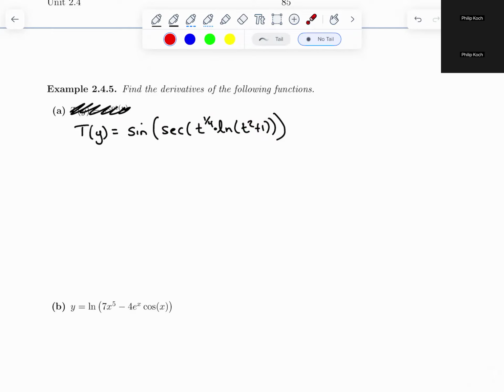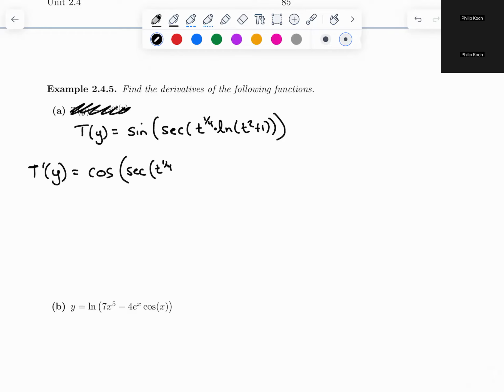So the derivative of this, T prime, and this is one of those where I might rewrite the d/dt because it's a lot to work with. The outermost function is sine, so the derivative of that would be cosine. So cosine of the inside, cosine of secant of t to the 1/4 times ln of t squared plus 1, times d/dt.